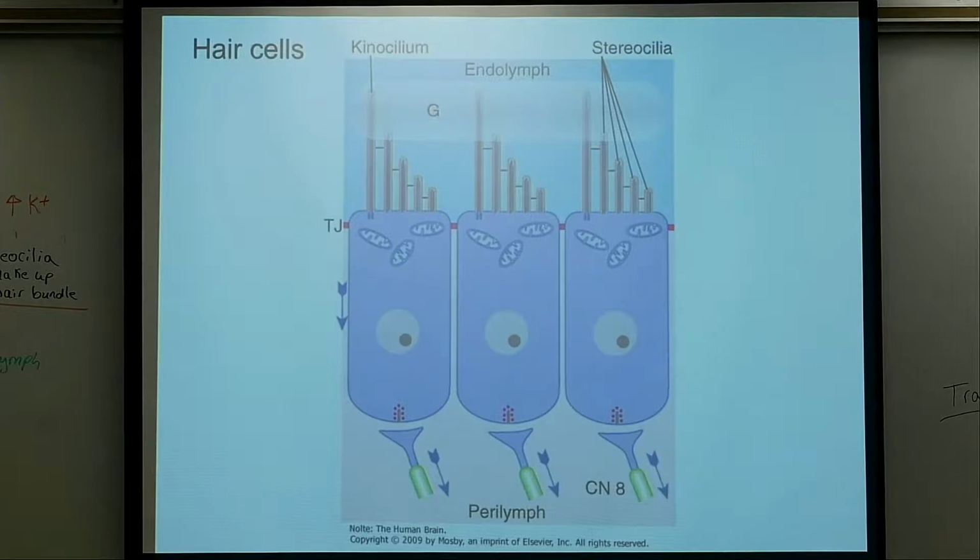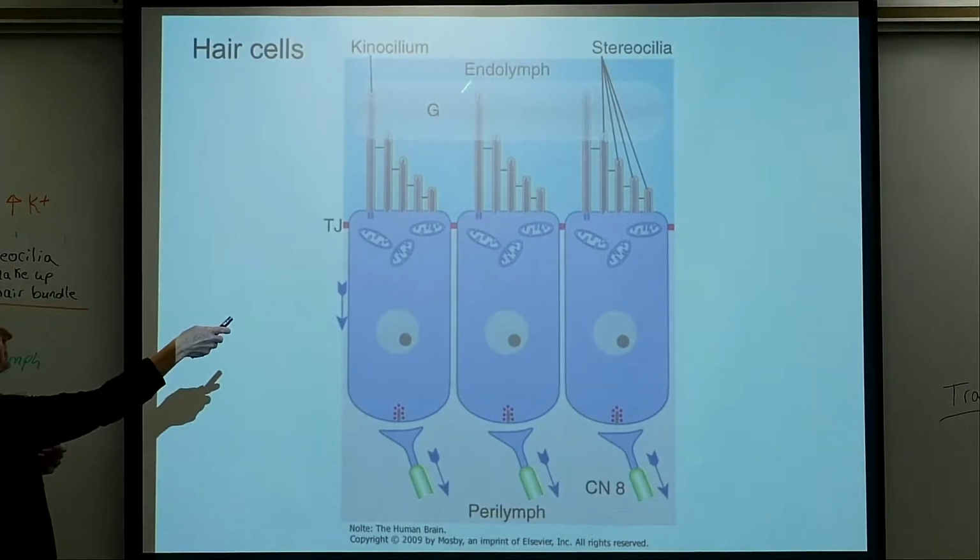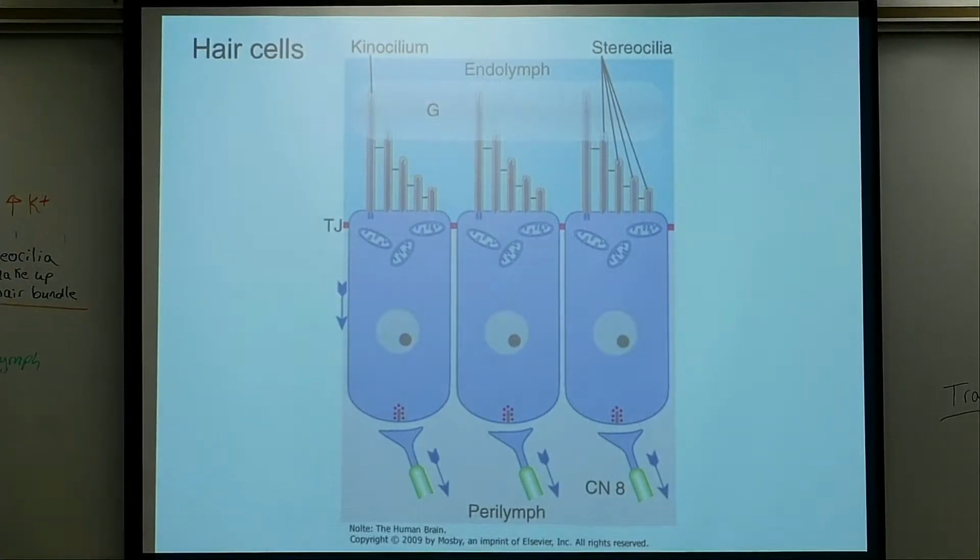So what color do I want to use? Maybe I'll use red. I have limited colors up here. So in the vestibular system, we have this gelatinous mass that the stereocilia or the hair bundle is embedded into, and that's shown on this slide here, and that's what the G stands for, this gelatinous mass.